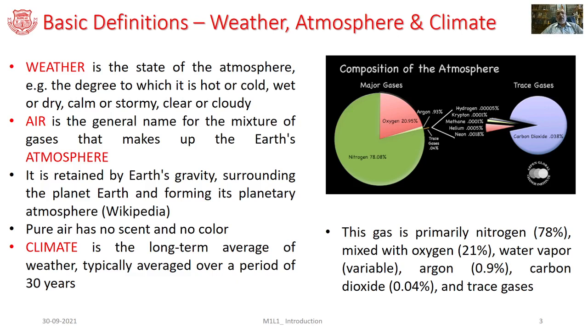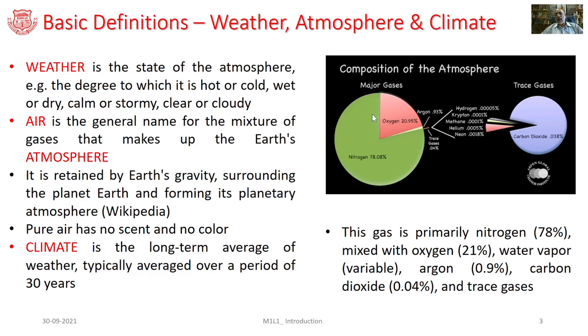As we are more associated with the air, which in turn makes up the atmosphere, in the context of our course, that is air pollution and control, let's try to understand exactly how this atmosphere is composed.